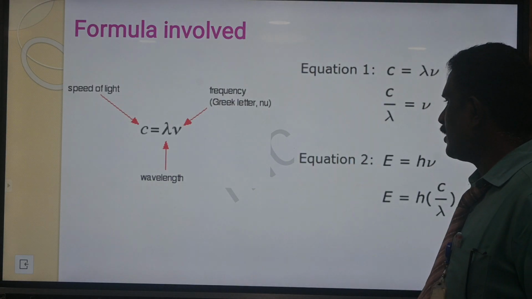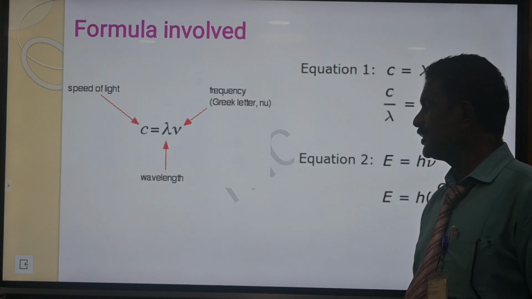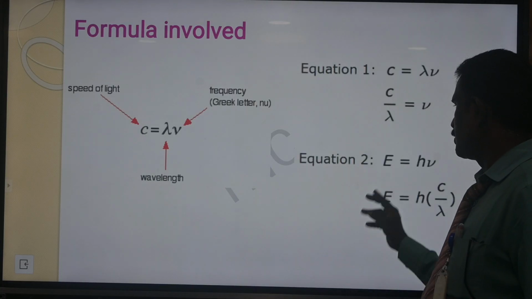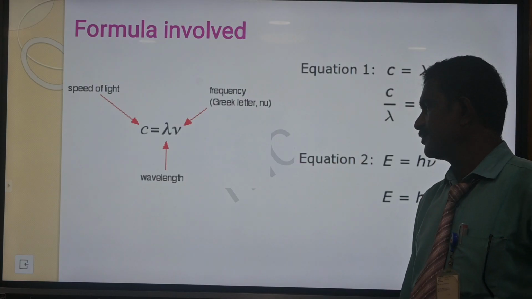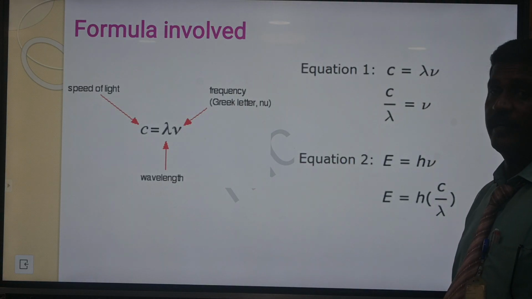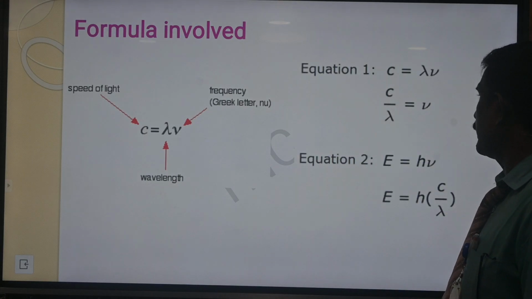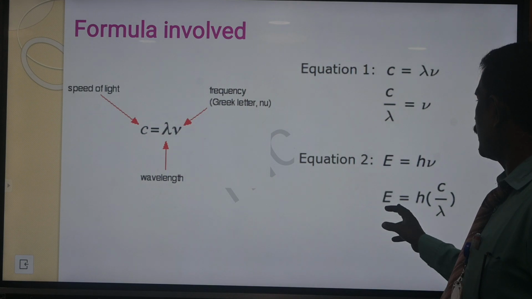And the energy of light is related with frequency by the relation E = h nu. E, that is, the energy of light, also can be related with wavelength: E = hc/lambda.